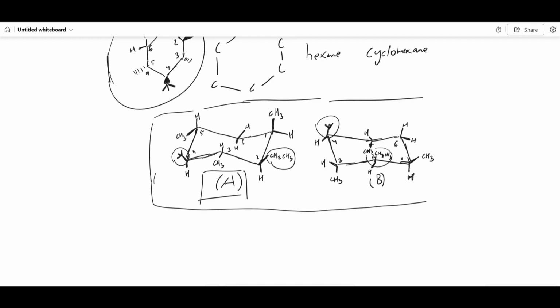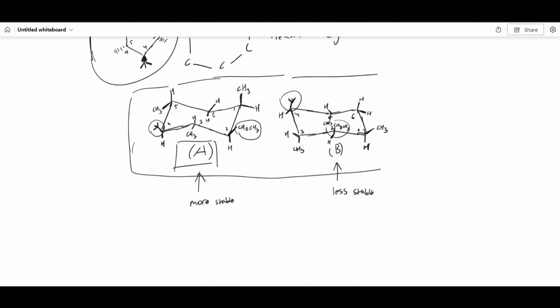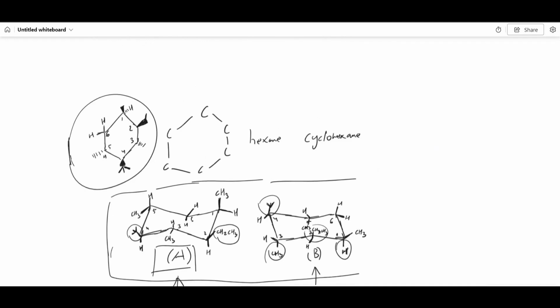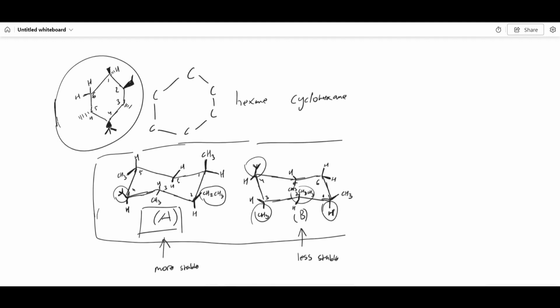There'll be a lot of strain on the molecule, making this less stable of a conformation, and this more stable. Happening on carbon 1 and carbon 3, you'll have diaxial strain. On an equatorial position, you don't have that kind of strain. So this is an introduction to drawing cyclohexanes into chair flips.